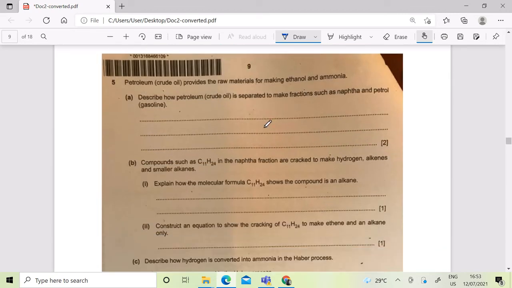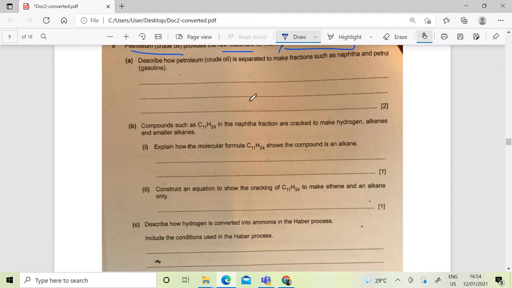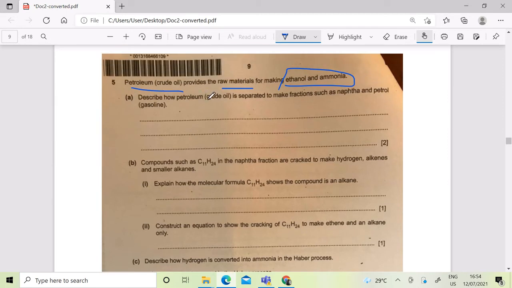Right. Moving to petroleum industry, crude oil provides raw materials for making ethanol and ammonia. Describe how petroleum, crude oil, is separated to make fractions such as naphtha and petrol. Okay, crude oil, you know, it's a mixture of mixtures. So how do you separate the mixture? So the main technique, the method, fractional distillation.